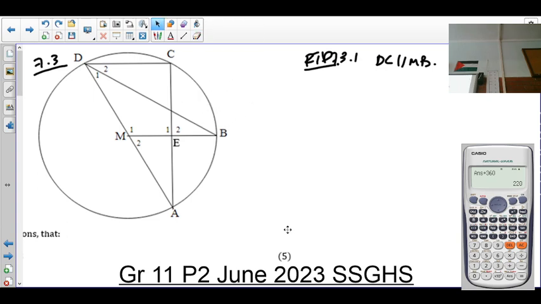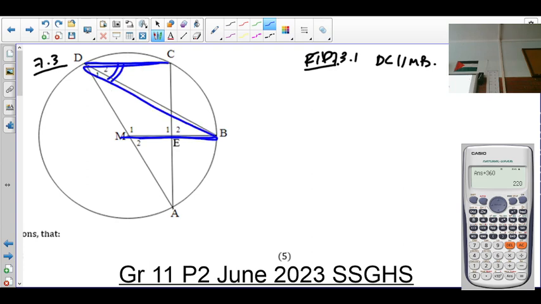People, to prove that lines are parallel, we prove one of three cases is true: either alternate angles are equal, corresponding angles are equal, or co-interior angles are supplementary. One of those cases. So where do we start? If we're looking at DC and MB, if I can prove that D2 is equal to that angle, I've done the job.